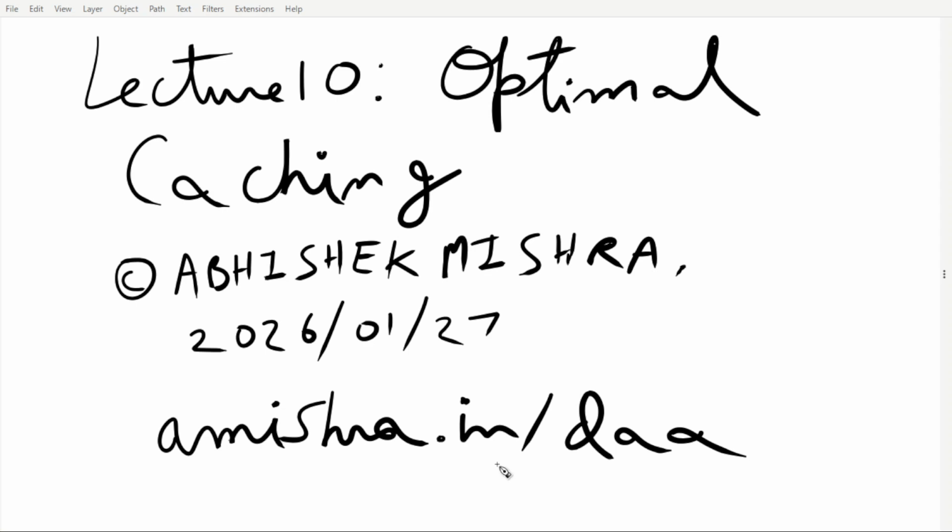We will continue the optimality proof of the farthest-in-future cache replacement algorithm. Now the next case we consider, we call it 3D.